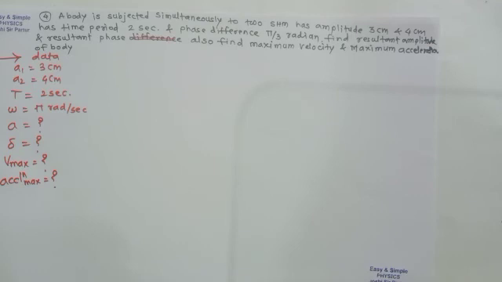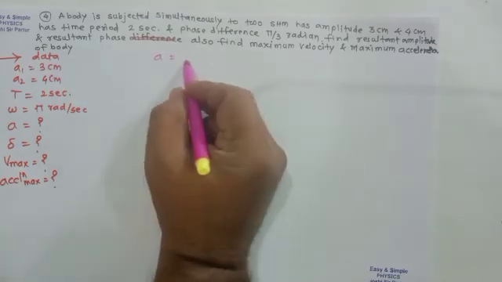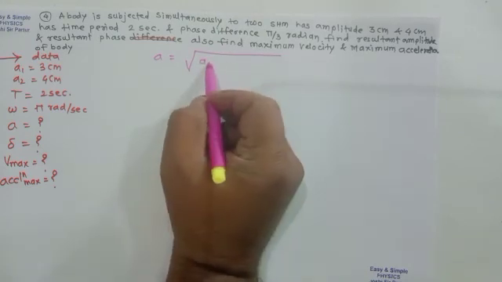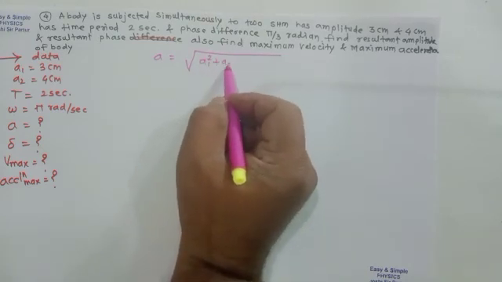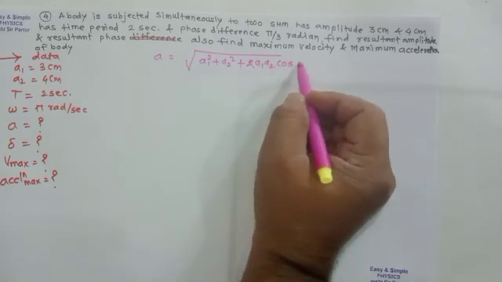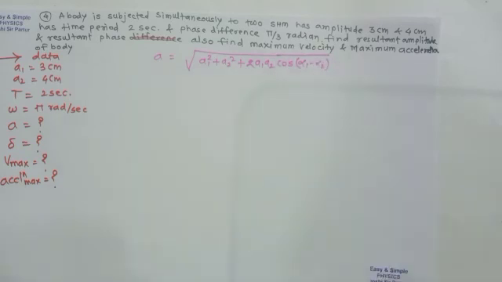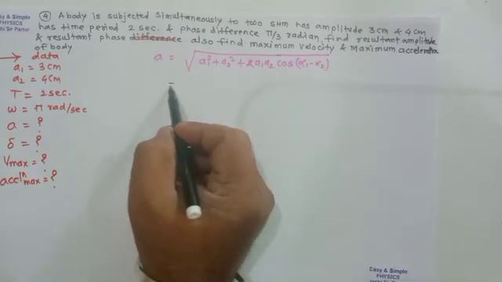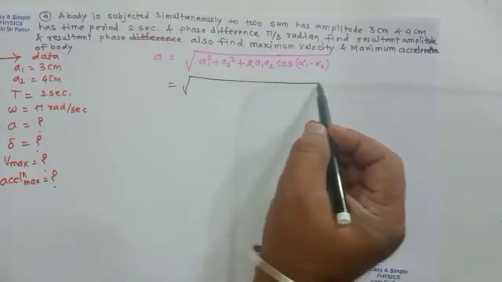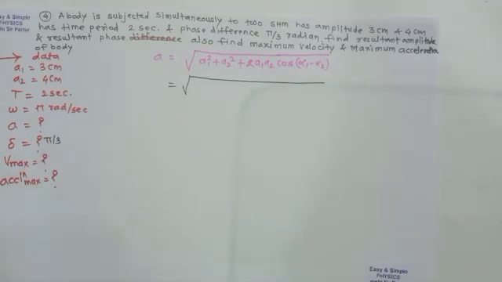So using this, first of all, resultant amplitude A is equal to square root of a1 square plus a2 square plus 2 times a1 a2 cosine of alpha 1 minus alpha 2. See here, the phase difference will be pi by 3, so we can write delta is pi upon 3.